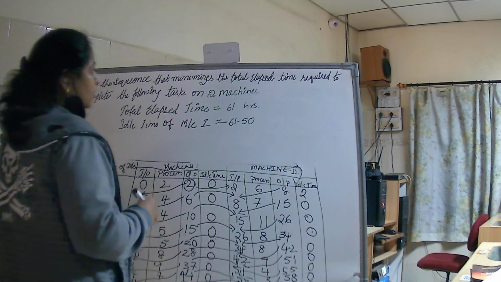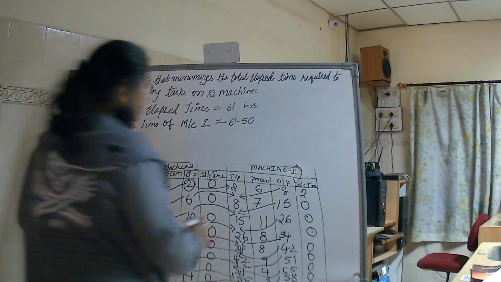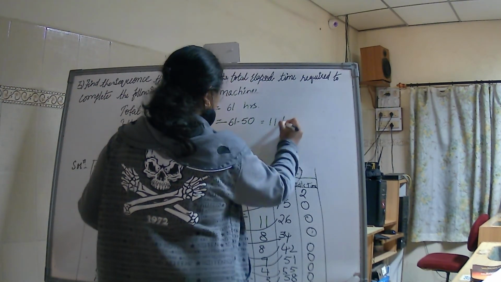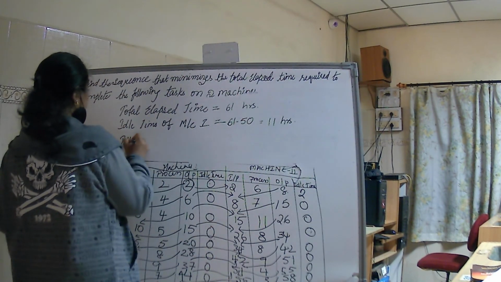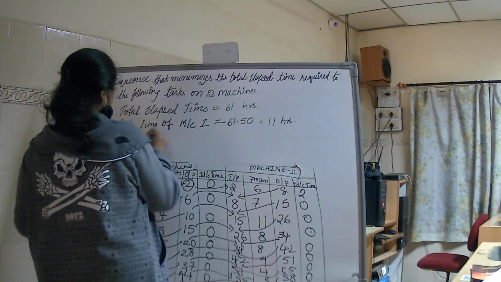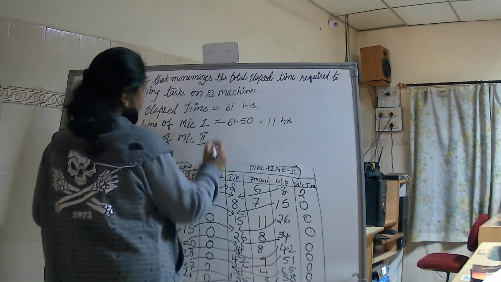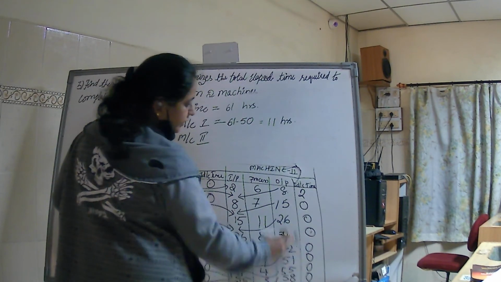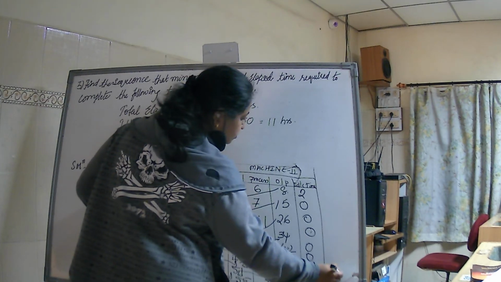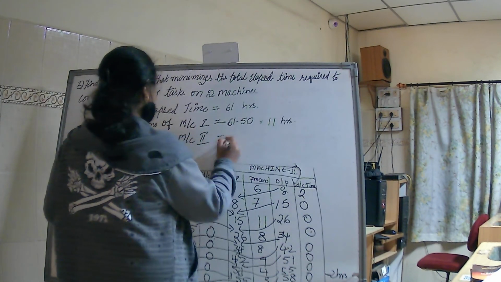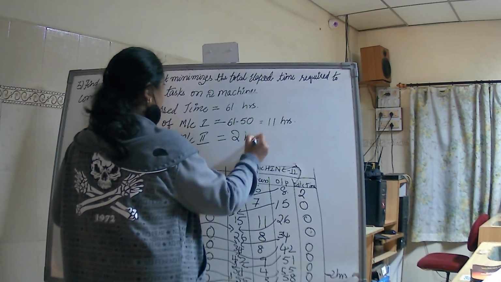Okay, so when you sum up 61 minus 50, it turns up to 11 hours, students. Okay, then idle time of machine 2. Just you need to sum up these values. When you sum up, it is only 2 coming, so it is nothing but 2 hours. So we get idle time of machine 2 is 2 hours.